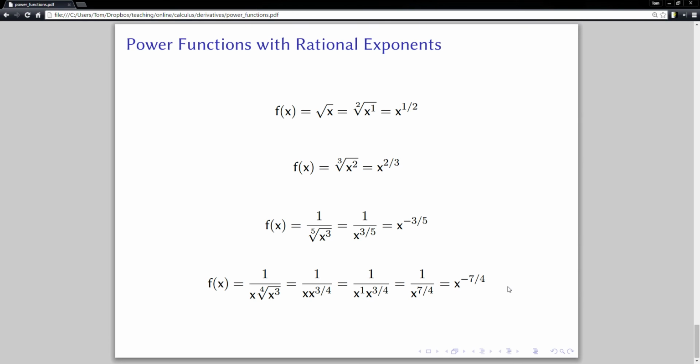We didn't really take derivatives or do anything like that. So a lot of the work in this section will be algebraic work before you take the derivative. What we want to do is to simplify and rewrite these functions as power functions explicitly, x to some number power. And in the next video, we'll have the power rule, which tells us how to take the derivative of a power function.